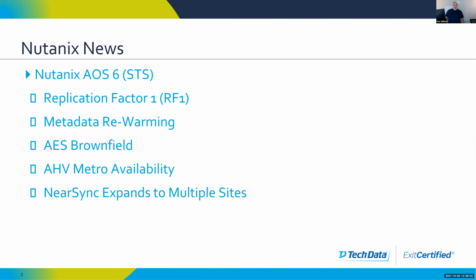Sort of some of the big hitters, right? And this is a very short list of what we got in the 6.0 release, but some things like replication factor 1, right? And if you're kind of thinking about, why would I want less replication factor capability, right? Why would I want less redundancy of my data?